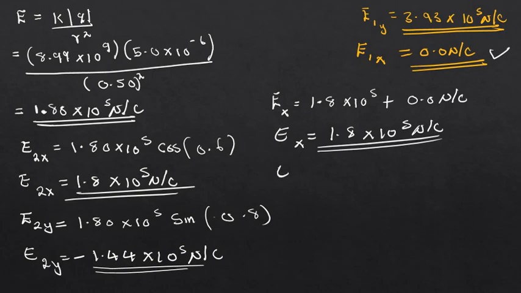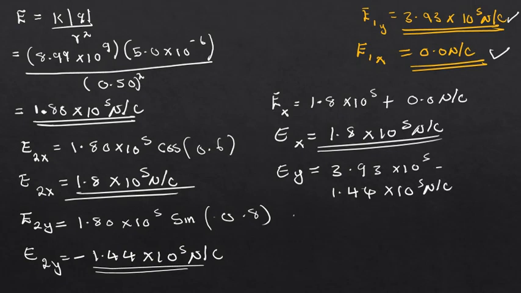We now do summation in the y. So in the y we have here 3.93 multiplied by 10 to the power 5. Notice that this is negative, so it will be minus 1.44 multiplied by 10 to the power 5.